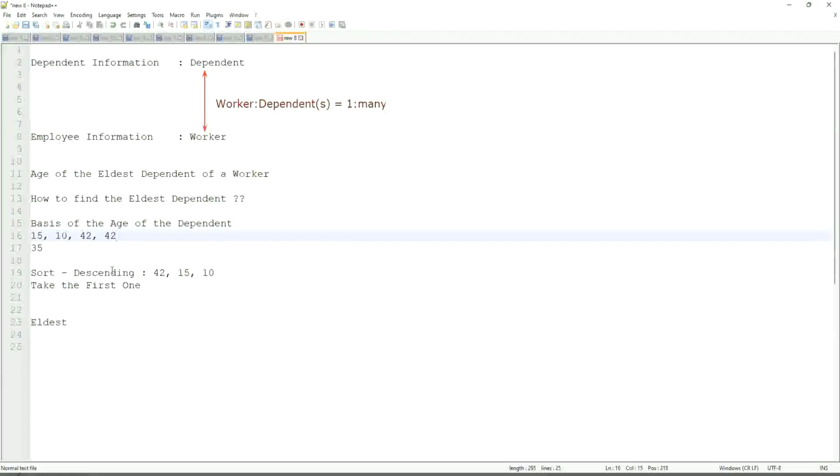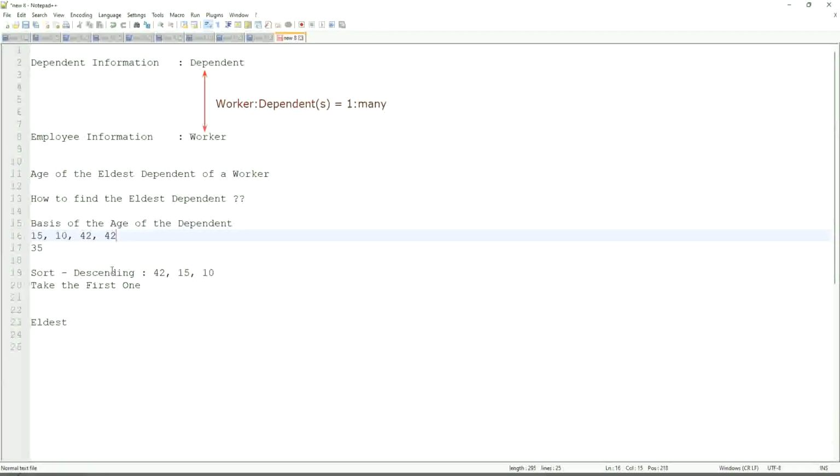Let's say, if it is the same age, you are only looking for a spouse, not the child, maybe? Spouse and child most likely are not going to be the same age. But if there are multiple dependents, maybe you give a higher priority to the spouse. So in that case you have to think of another factor to act as a tiebreaker.